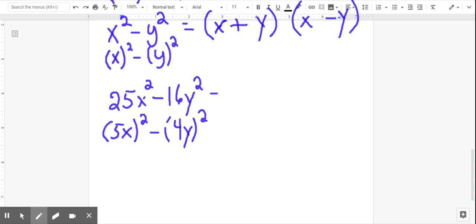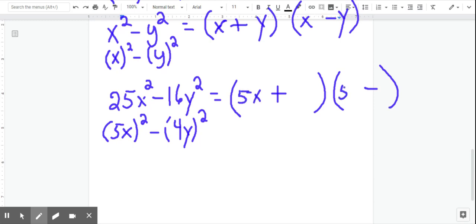The difference of two squares factors into the sum and the difference of the same two terms: 5x, 5x, 4y, 4y. Of course, you can FOIL and check your answer, and you'll see that the middle terms, the inner and the outer, always cancel out.